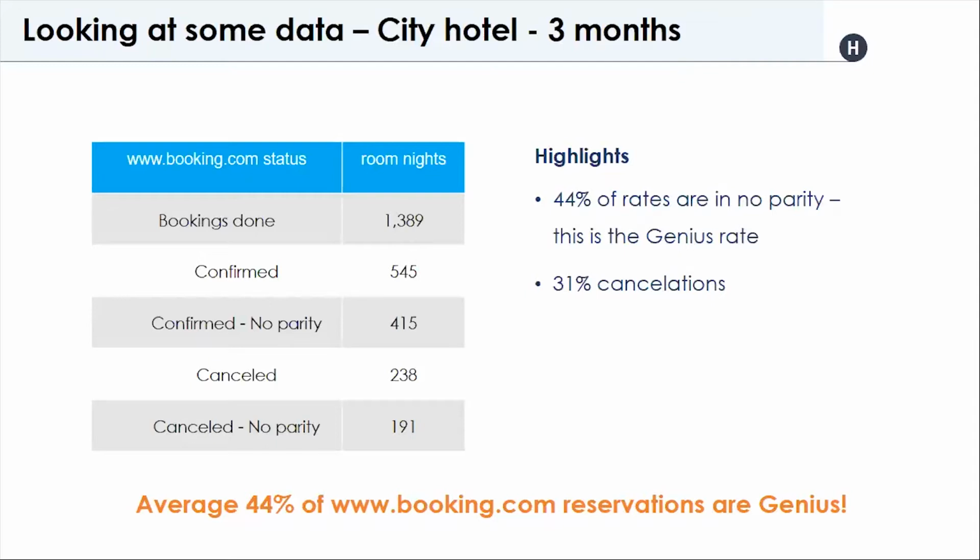Again, I believe that this is a pillar, a core for your direct booking strategy. And if you don't have rate parity, it's very difficult to implement a successful and effective strategy. That's why I presented this first. So let's move to the next one.